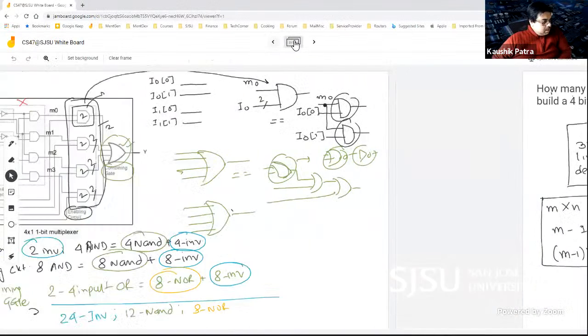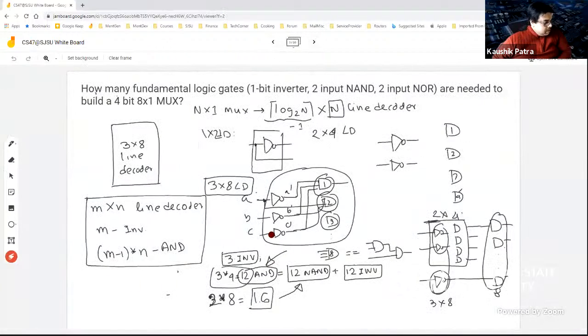Okay, so you remember that we started coming up with a generic formula: for an m by n line decoder, we need m inverters and (m minus 1) times n AND gates. That's true in that approach, and I'll explain that approach in detail. But when I calculated it, I said 3 multiplied by 4, where it was a 3 by 8 line decoder.